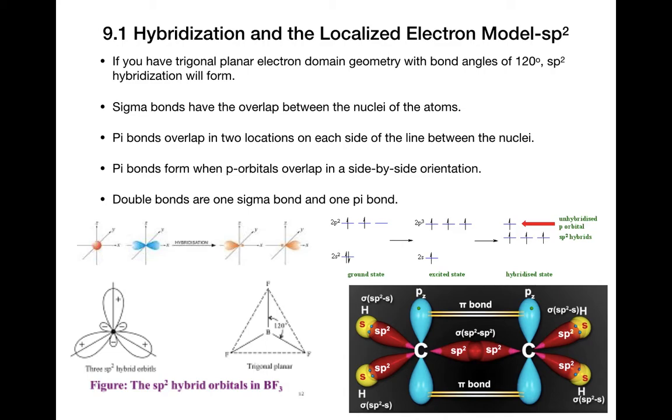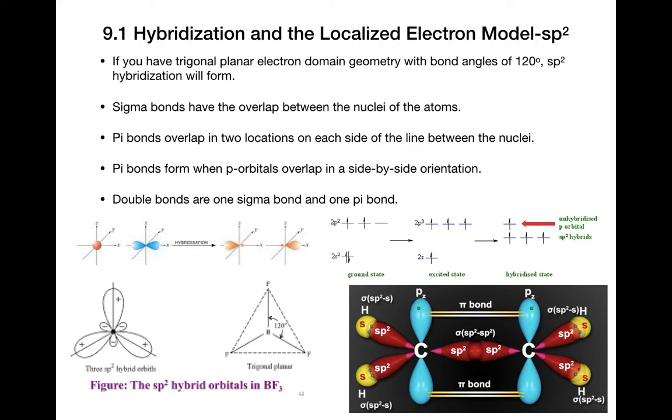However, the p orbitals, in this case labeled pz, can also overlap where the p orbitals widen out at the top and bottom, so we can get some overlap up there, and that's called a pi bond. And so that actually explains both of the bonds between carbon atoms in C2H2.